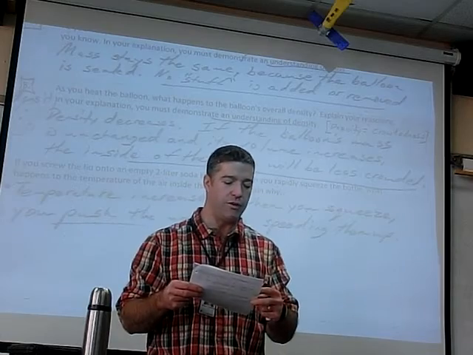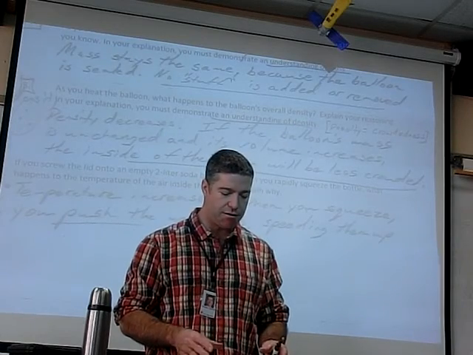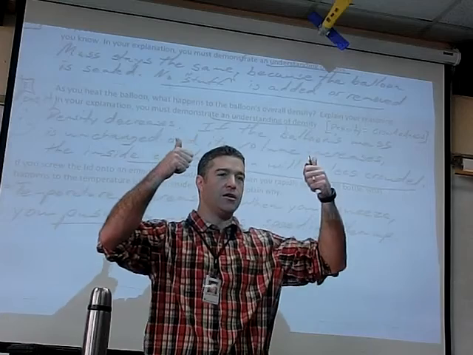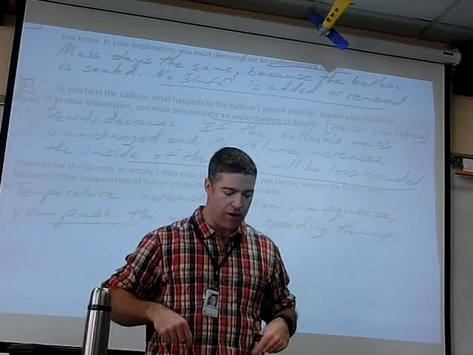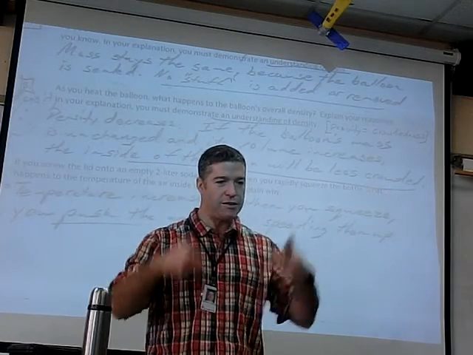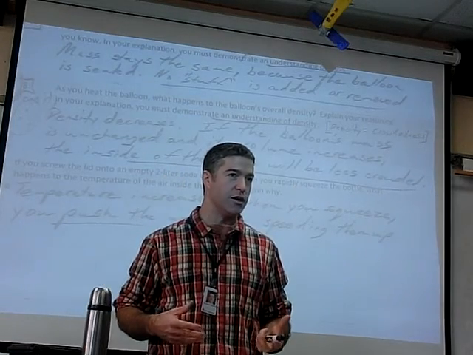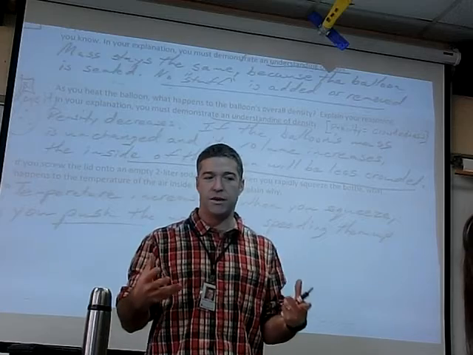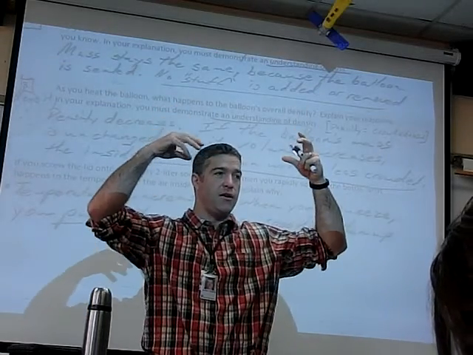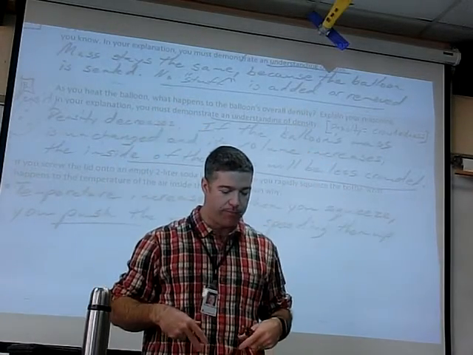And the hint I want to give you there is, one of these you have rising air, and the other one you have sinking air. And the reason you'll have rising air at one and sinking air at the other is because the temperatures are different in these locations. If you have air of one temperature, it's going to rise. If you have air of a different temperature, it's going to sink.